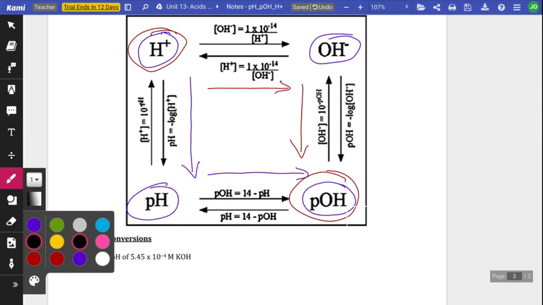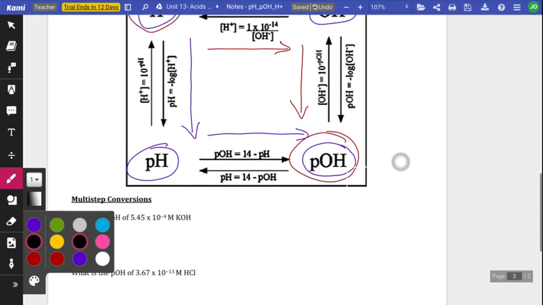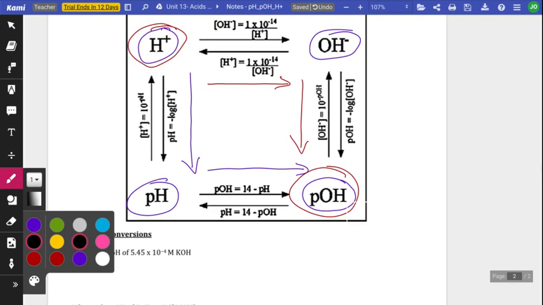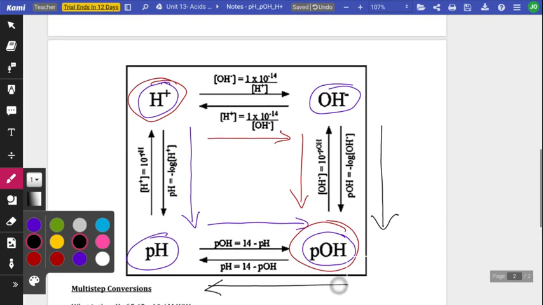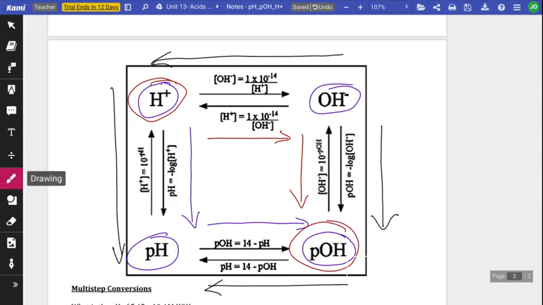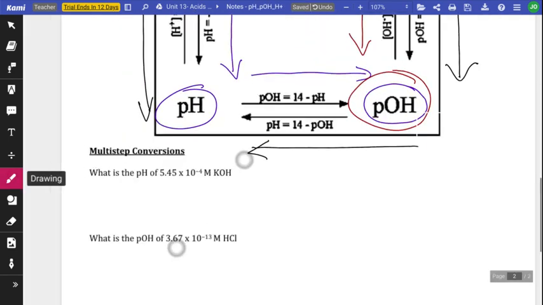There are two different ways that we can do this, and I'm going to work through both of them just to make sure you know how to do both. It is going to take two steps. I can either go down to pOH and then across to pH, or I could go across to hydrogen concentration and down to our pH. Either one of those would be okay.